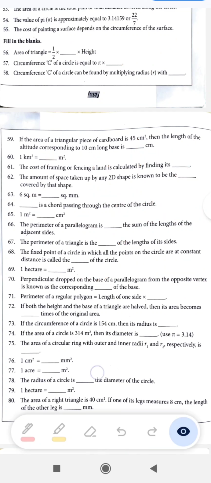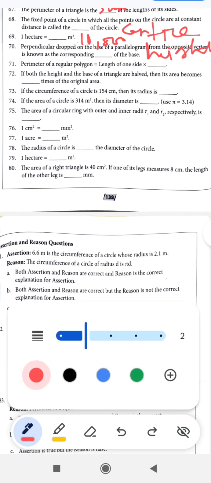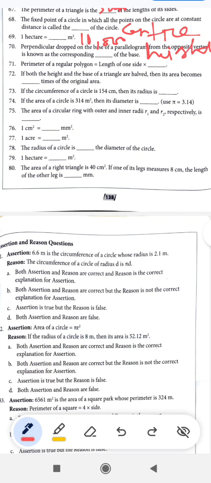Okay, now let's go. What is that? Perimeter of a regular polygon is equal to length of one side into number of sides.